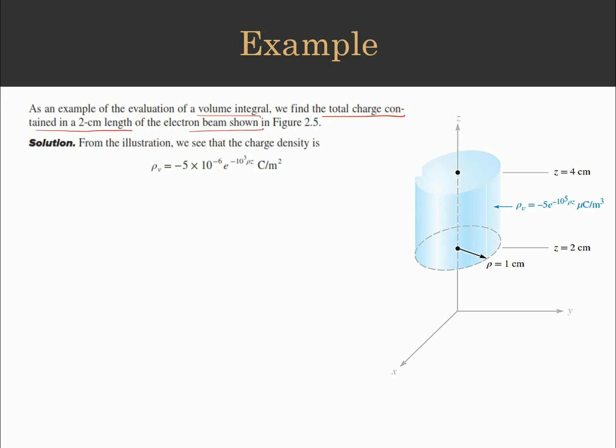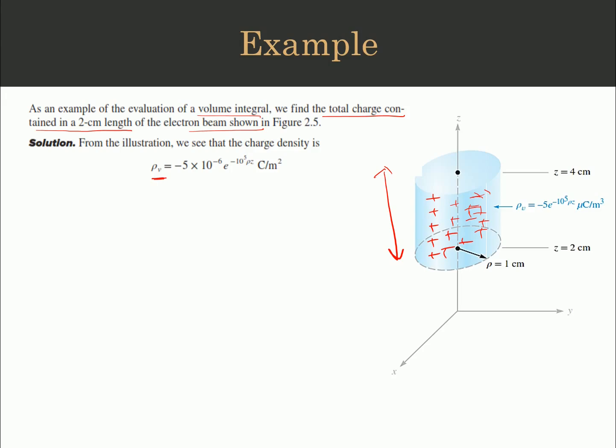This is the electron beam with a certain length, and you want to know how much charge is present inside it. So we need to find the bigger Q, and the volume charge distribution we have been given is rho v equals minus 5 times 10 raised to the power minus 6, e raised to the power minus 10 to the power 5 rho z, coulomb per meter cube.